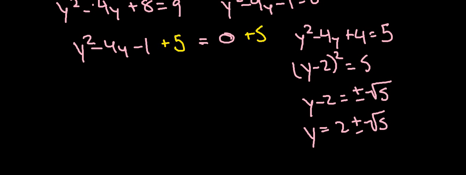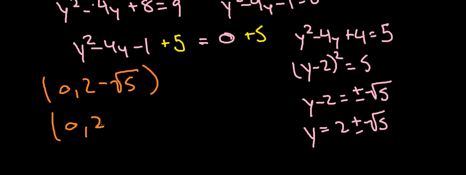And if we want to write them out as points, it's 0 minus, or no, that was the x. The x was the minus. 0, 2 minus the square root of 5, and 0, 2 plus square root of 5. So these are the y-intercepts.